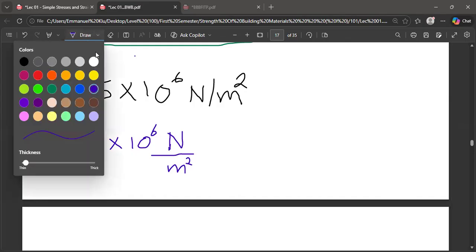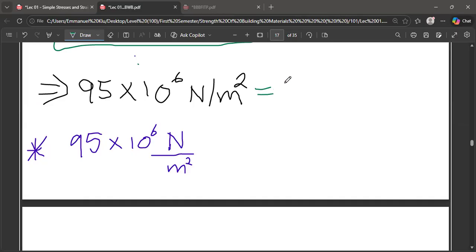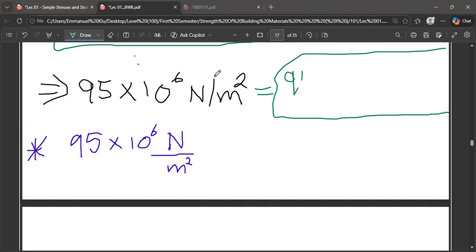Yes. I'm writing this way because even this guy you are seeing over here can also be written as what? Let me quickly draw a circle around it for you to see. I want to express it in so many forms so that when you meet them somewhere, they don't scare you much. So this is 95.